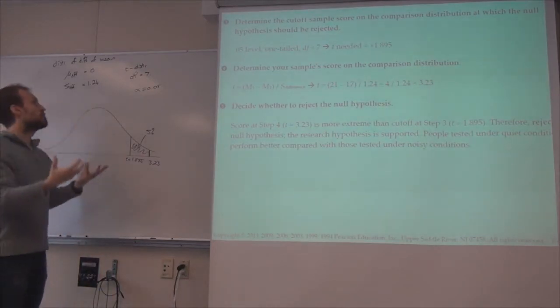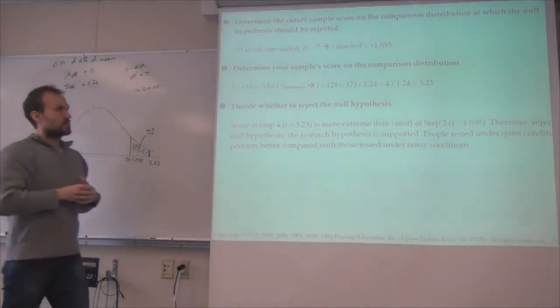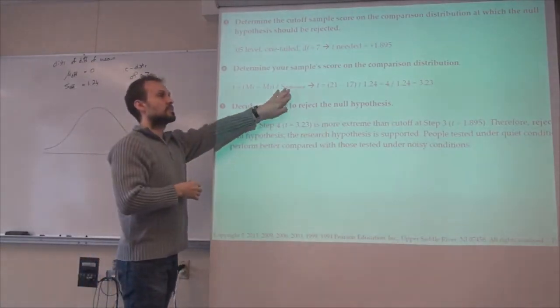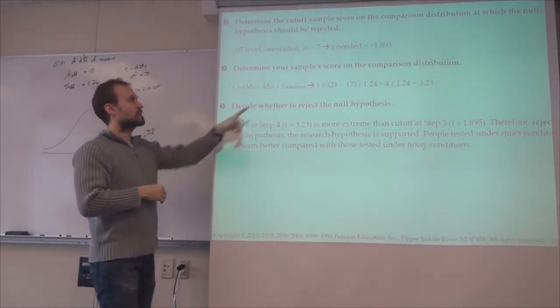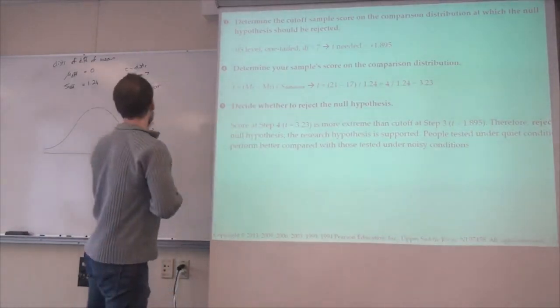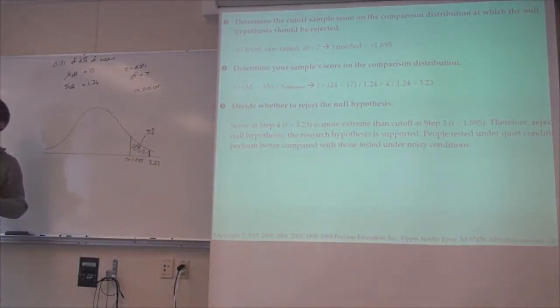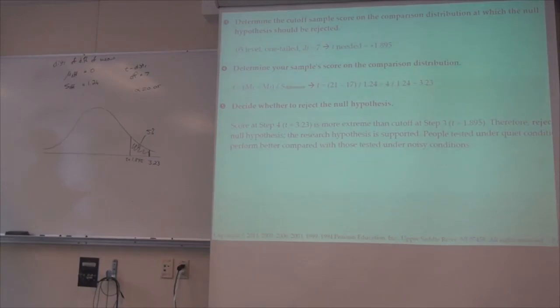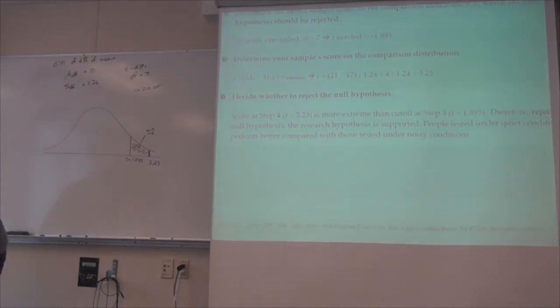How I go about getting a reasonable estimate for my standard deviation for the comparison distribution is a little more complicated. But I think we can handle it. We have to. Probably. All right.